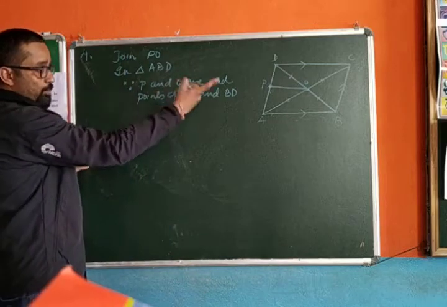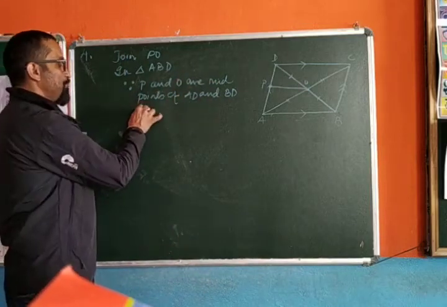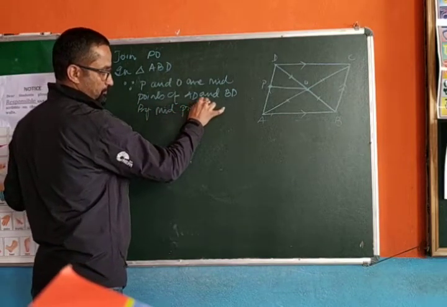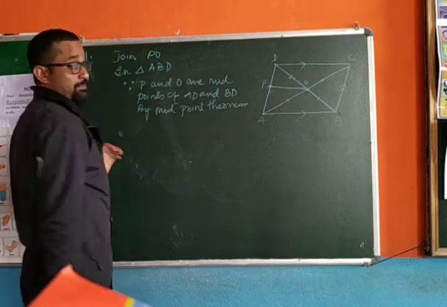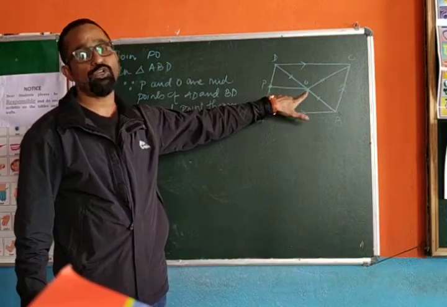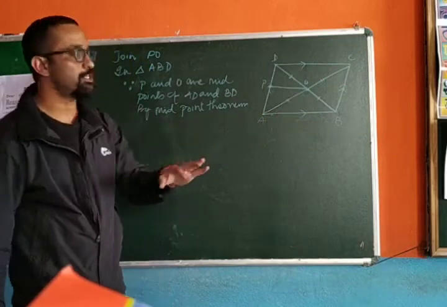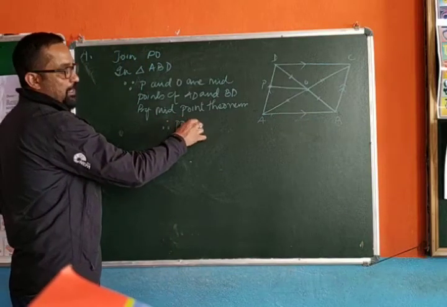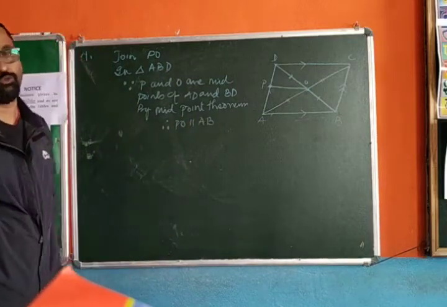So since P and O are midpoints of AD and BD, by the midpoint theorem, which states that the line passing through the midpoints of any two sides of a triangle is parallel to the third side. Therefore, PO is parallel to AB. This is the first part, proved.